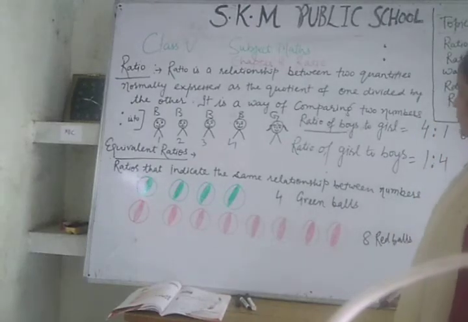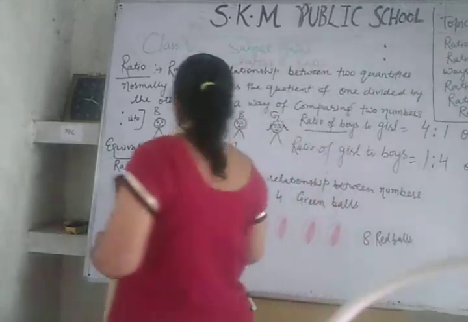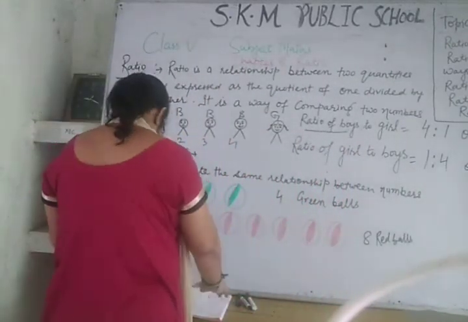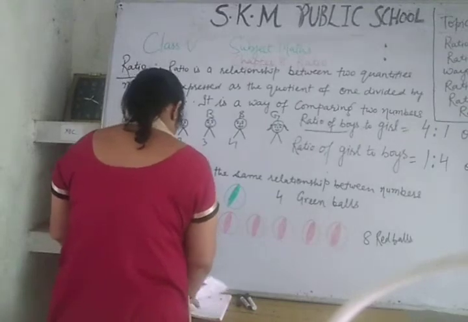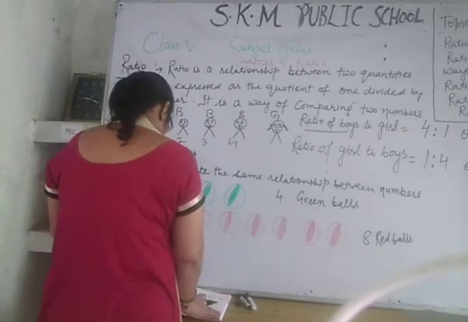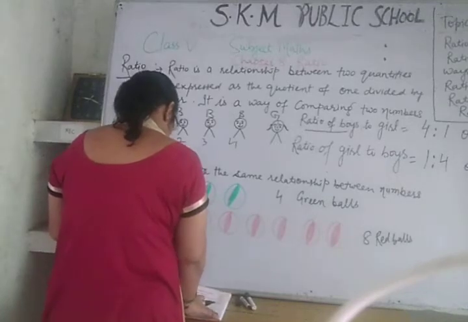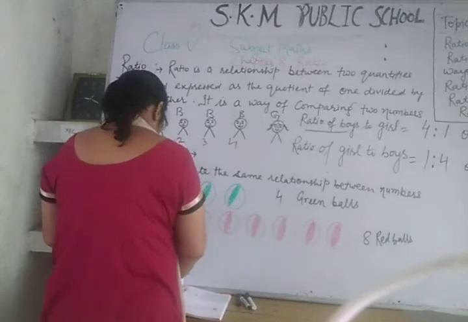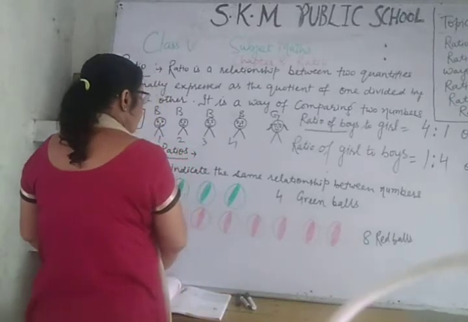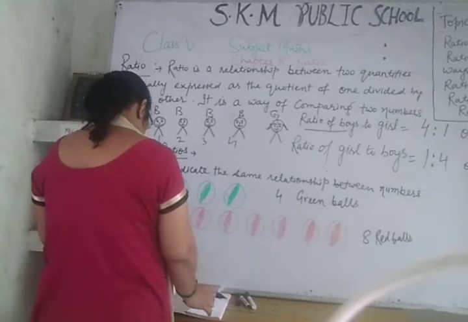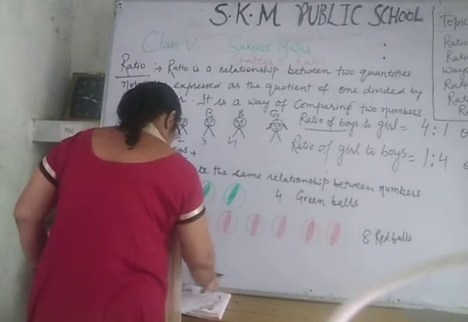Now 4 green balls, and how will we write the ratio here? The ratio of green balls to red balls. How will we write this?